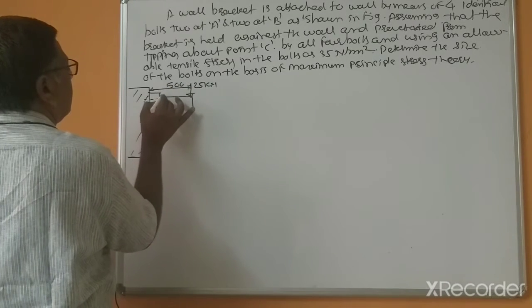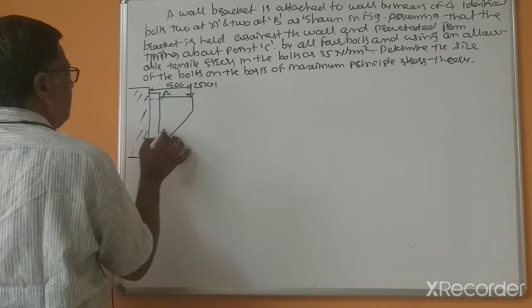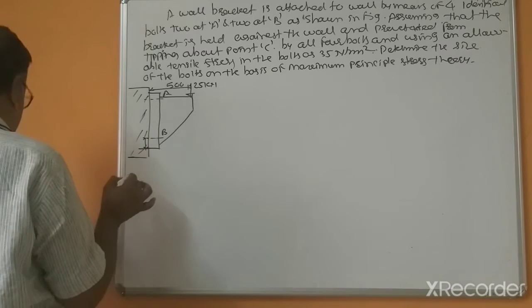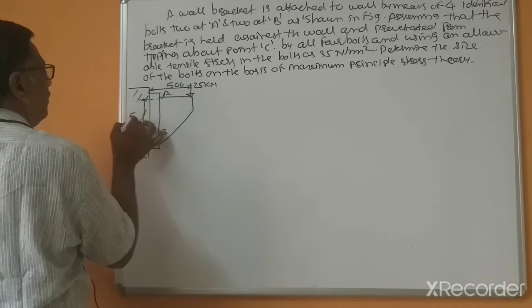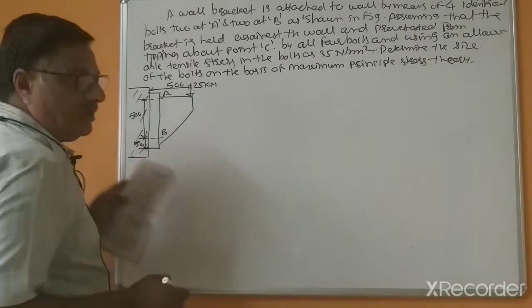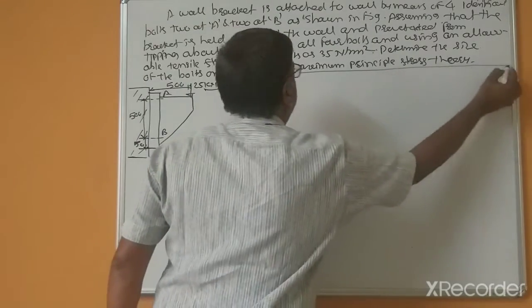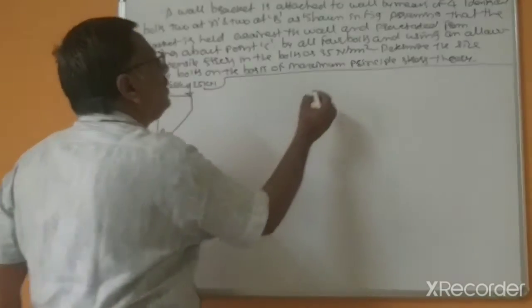Now here position A and this is position B, this distance equal to 50 given and this distance equal to 500. Try to understand what is given. Now this is an easy problem, so you can solve it easily.